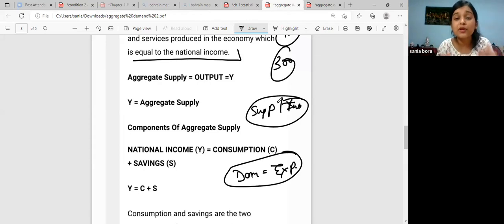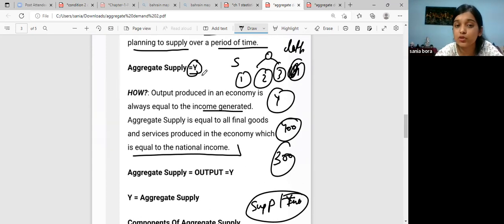If you are demanding, that means you are ready to pay that amount. But if you supplied four clothes, and one cloth is 100 rupees, you'll be getting 400 rupees. If you supply five clothes, you are going to get 500 rupees. That is your income. Now it is clear why I have written AS equals Y. This Y is your income. Others, is it clear now?